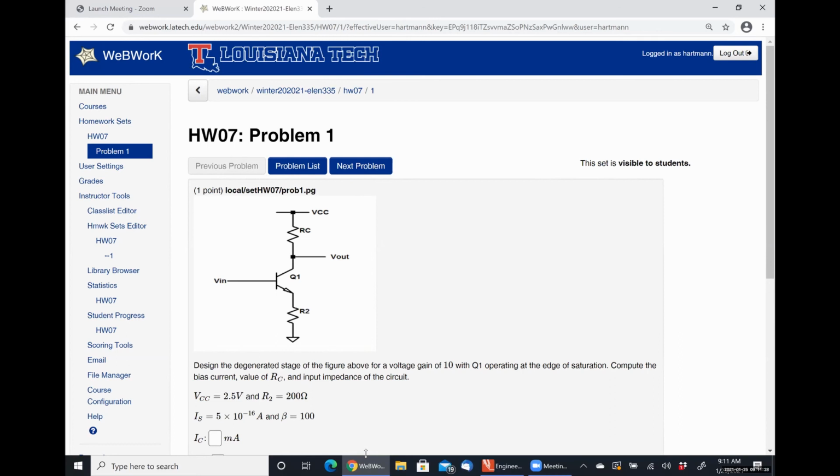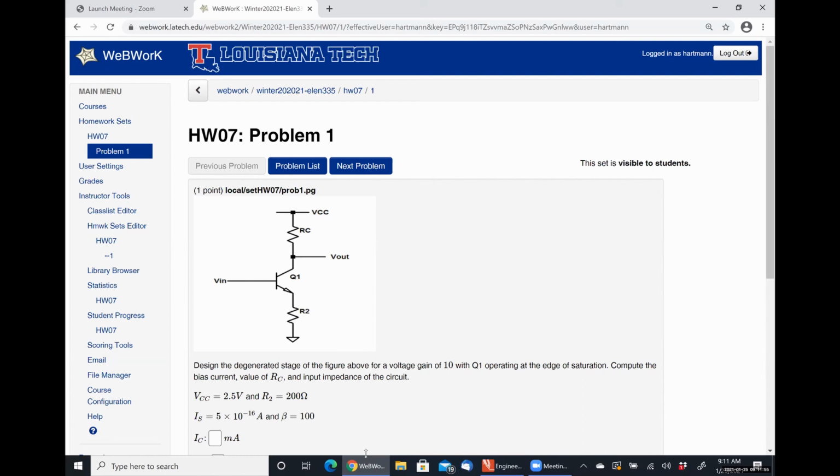So it should be fairly straightforward to figure out what the bias point of this is, or at least develop an equation for the bias point. We're told we have a degenerated stage here. It is a common emitter amplifier because the input is applied at the base and the output is taken at the collector. It does have emitter degeneration because a resistor R2 is placed between the emitter and ground.